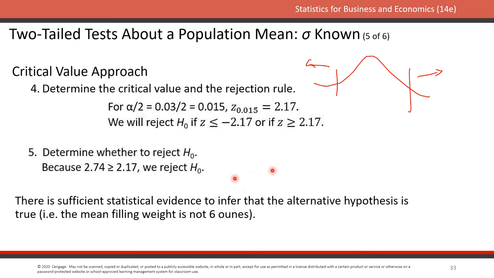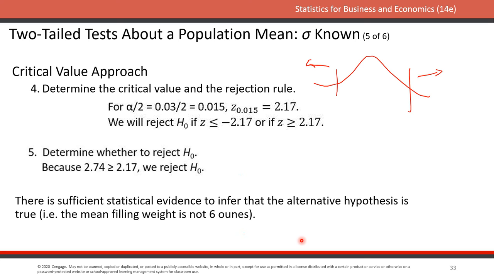So we're combining that sample mean of 6.2 and the stats distribution, and we're making claims about the whole population, about the average filling weight for all of the toothpastes. So it's really, really important that when we say there's sufficient evidence to believe that the average filling weight is not 6 ounces, we're not saying that about the sample.